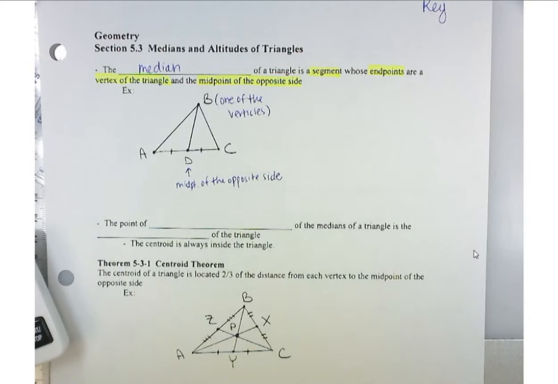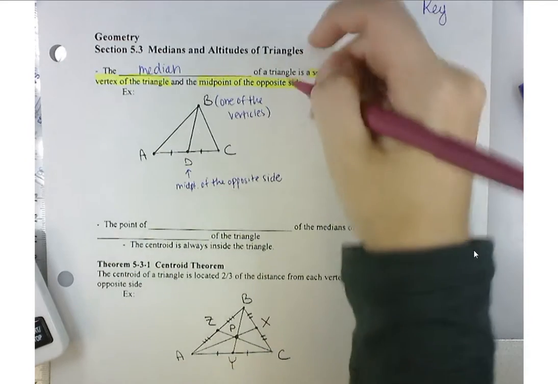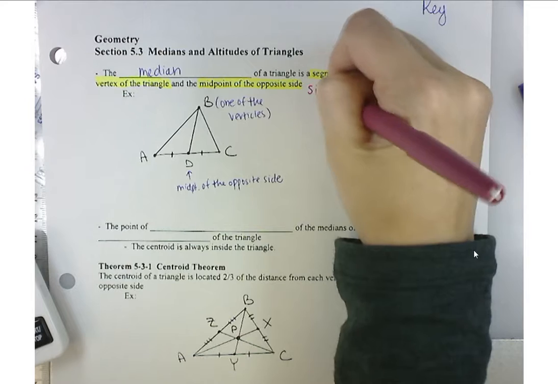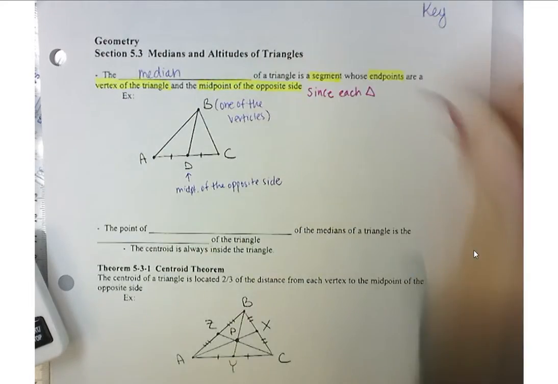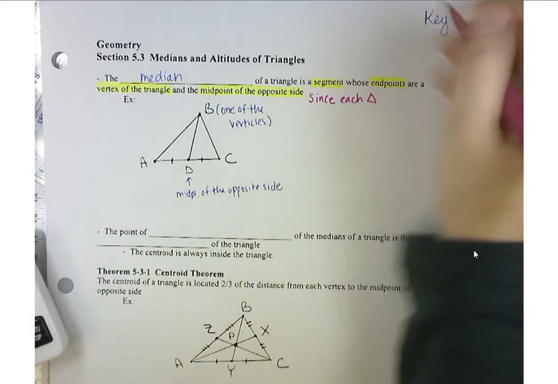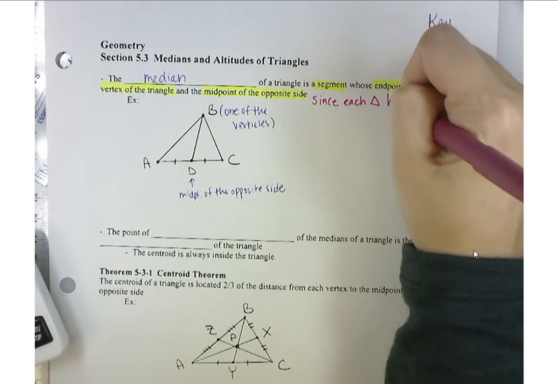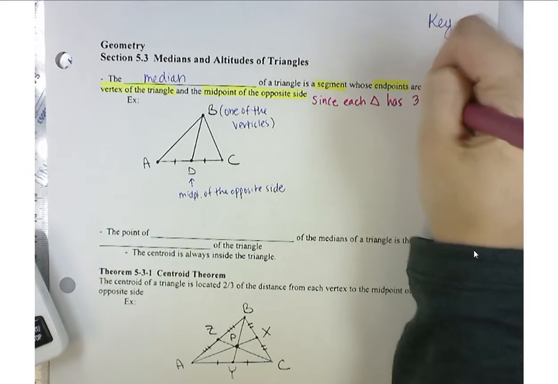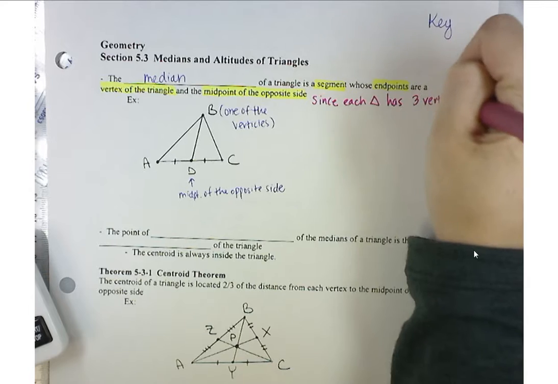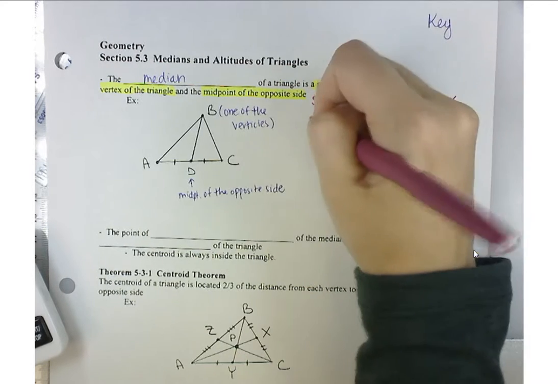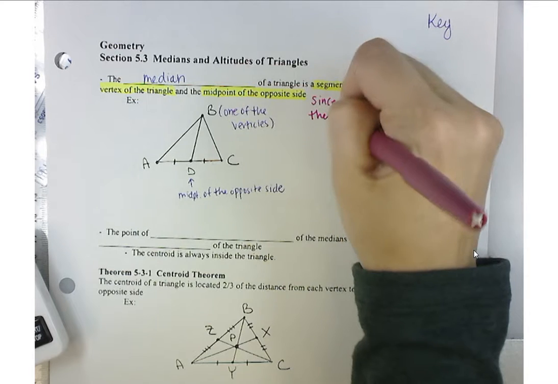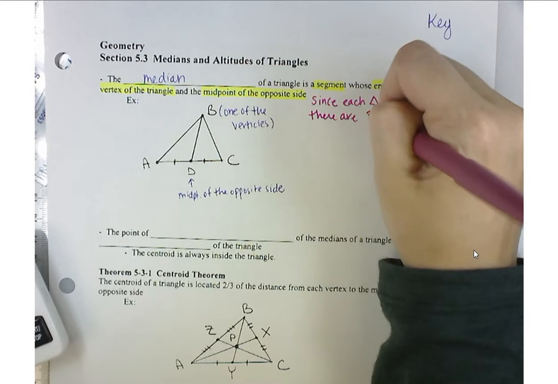Okay, so we're actually going to draw another little picture. Since each triangle has 3 vertices, how many medians do we think it has? 3. If there are 3 vertices, there are going to be 3 medians.